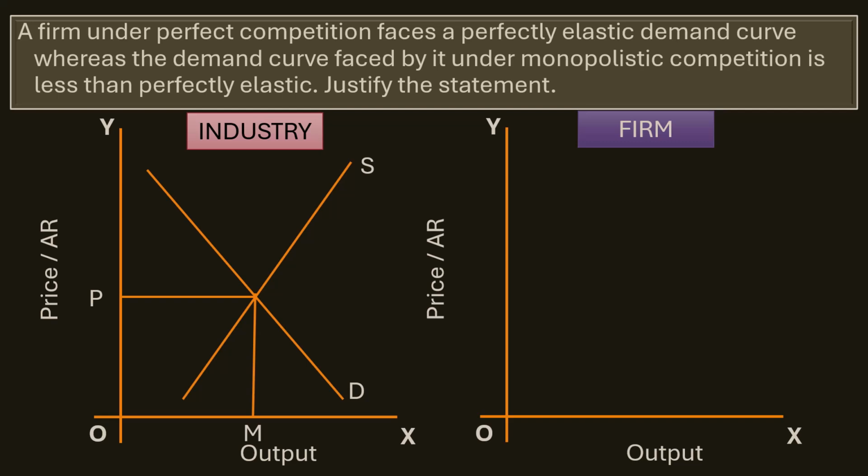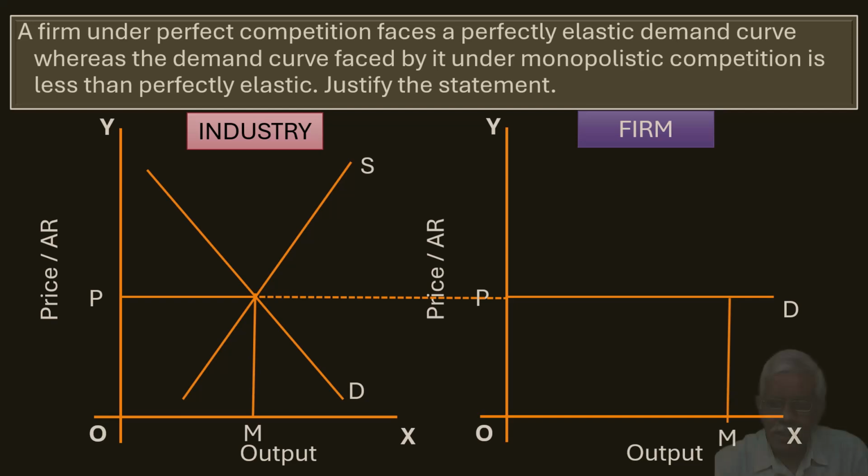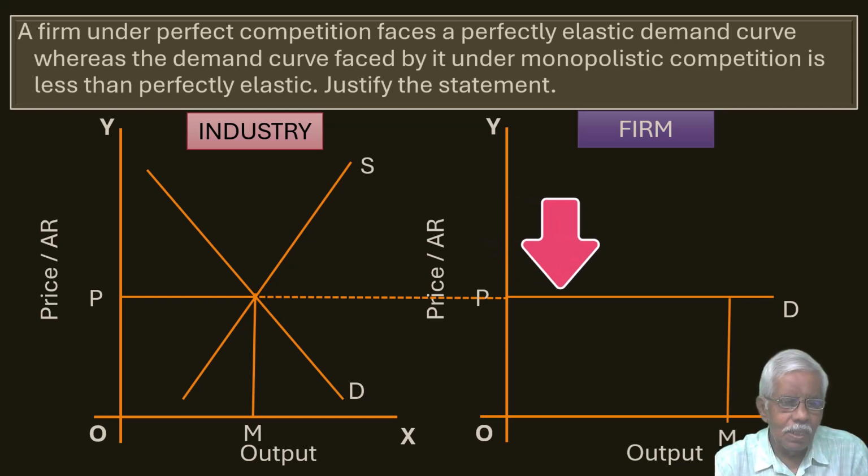The firm cannot fix its own price for its product. It has to accept the price. It is a price taker. The only option open to the firm is to sell as much as it can at the market determined price. So, demand curve is perfectly elastic.